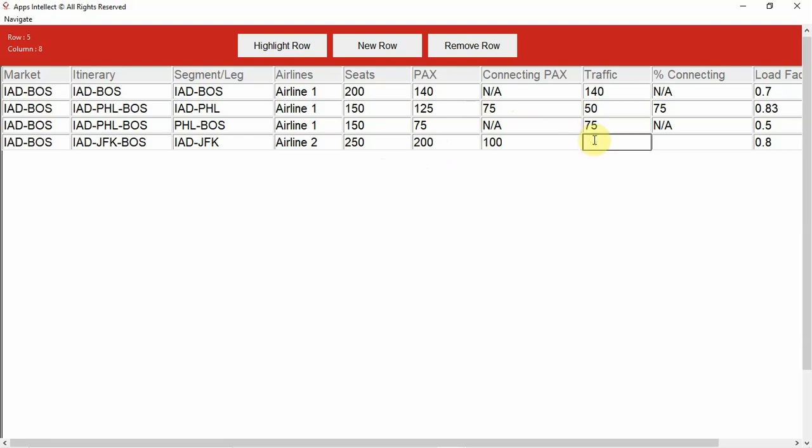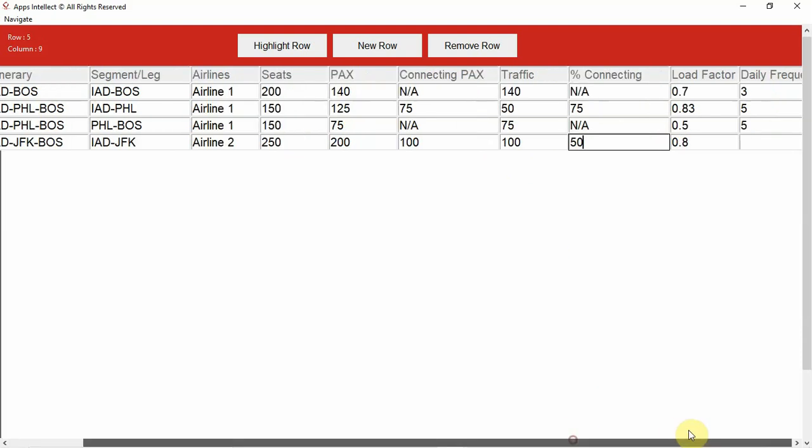Then the traffic for this route would be 100 from Washington to New York, and the percentage of connecting is 50%. The load factor for this particular flight is 80, and the frequency here is 7 daily flights for this route for Airline 2.